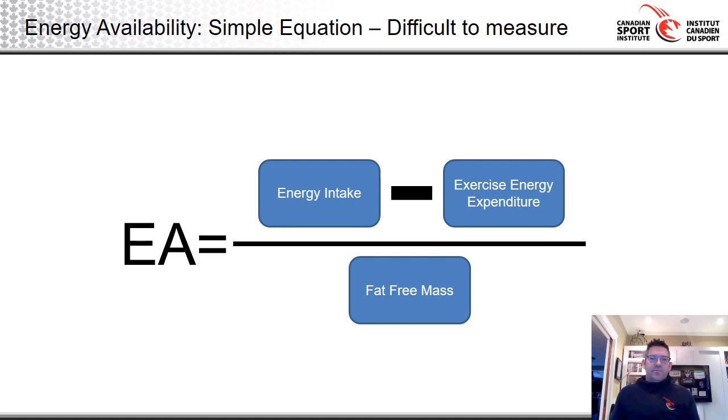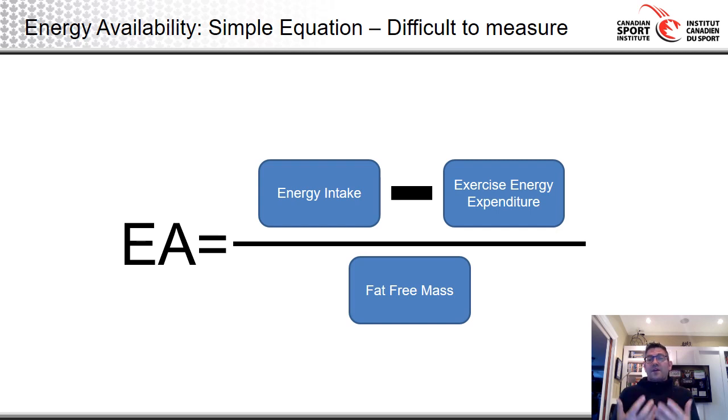So it only has two inputs: energy intake, and the energy you expend during exercise, training, and competition. And so energy availability is the energy left over, or available, for the body to optimally recover, to adapt, for growth and development, for reproductive health.